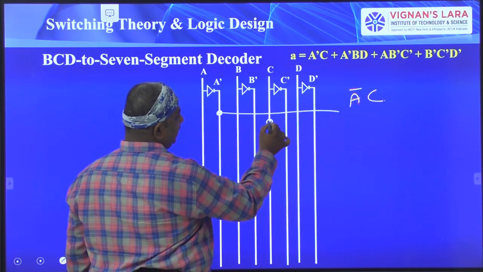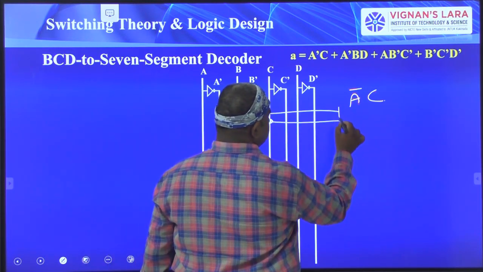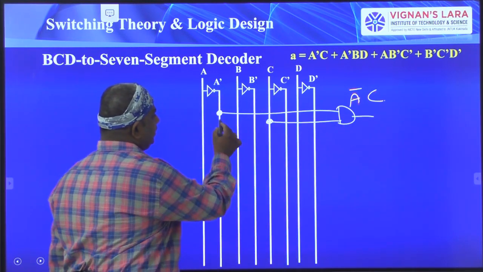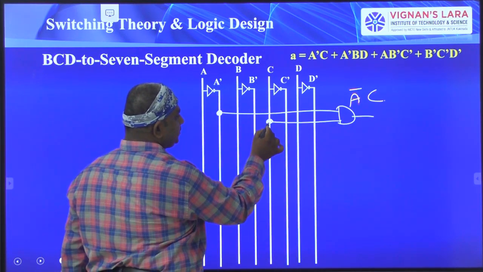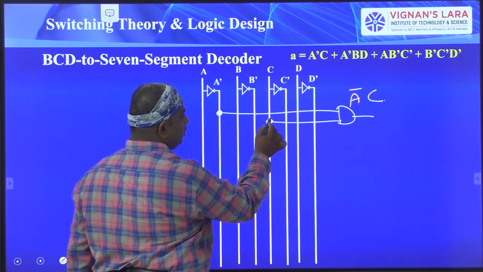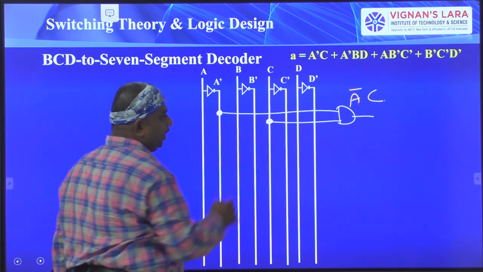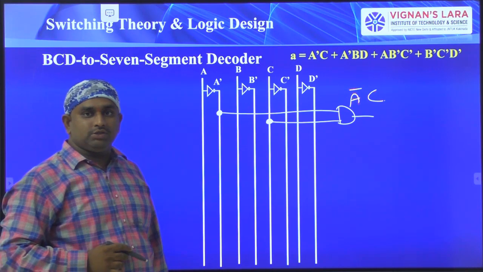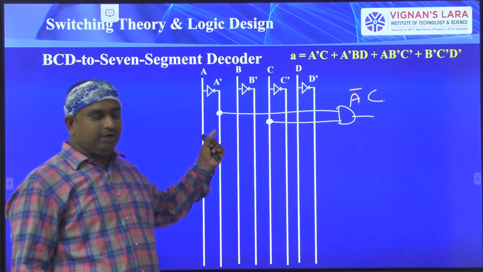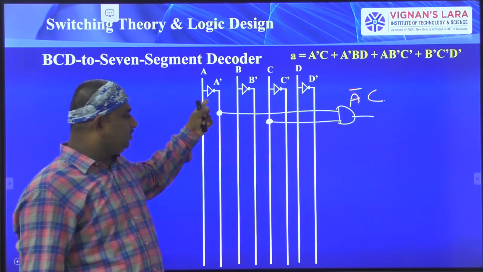Next, I have to take C. Why have I represented a dot here? Because this dot represents the contact between these two lines.